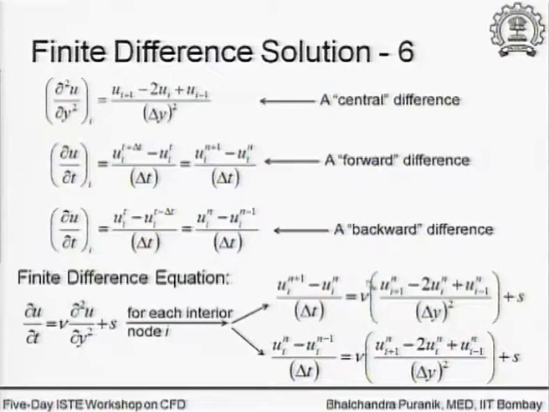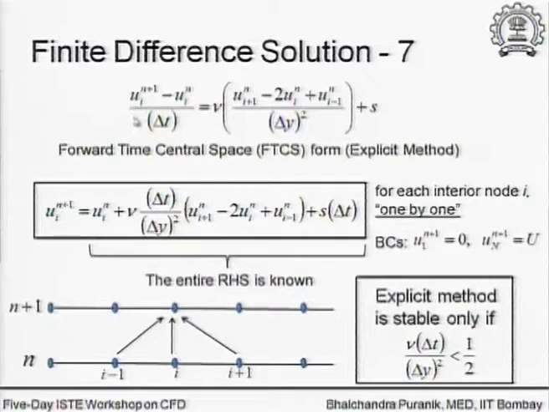So as you can see, the space derivative is evaluated at the current time level always here, whereas the time derivative can be either a forward derivative or a backward derivative, and the source as it is, which is a constant, remains the same. So let us see the first option here, which is what will be called the forward time central space form or scheme, which is also called an explicit method, and we'll see why.